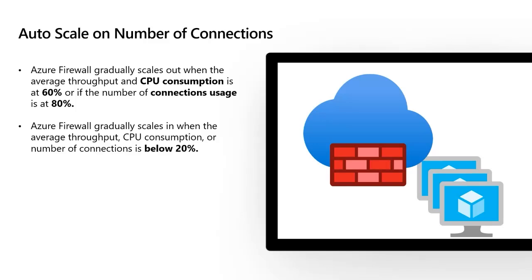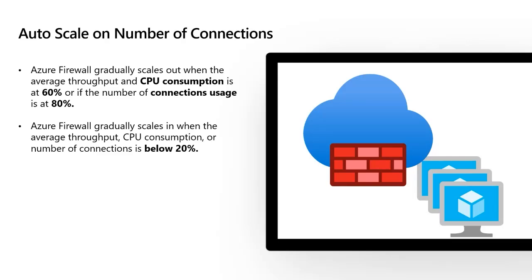So if you have your throughput and CPU consumption at 60%, we start scaling out. And if your connection usage is at 80%, we also start scaling out, right? Just a reminder that the scale out process takes 5 to 7 minutes to complete.